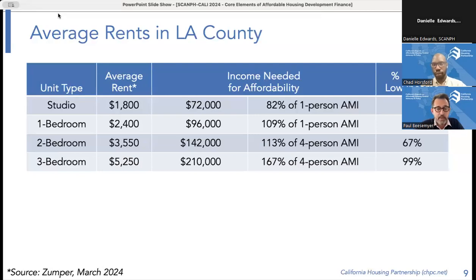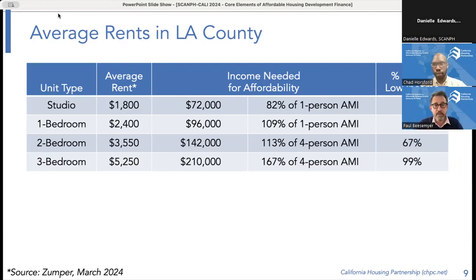So if you're paying half of your income, and you're in the very low income stratum that Chad was just talking about, well, then it's not a choice between doing something voluntary and involuntary. It's a choice between housing or food, or housing or food or medication or childcare.